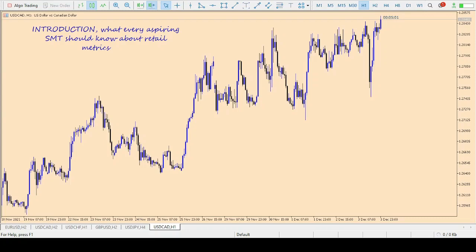The most popular ones are support resistance, trendline trading, divergence. We also have trendline following strategies, moving averages, moving average crossovers, exponential moving averages.